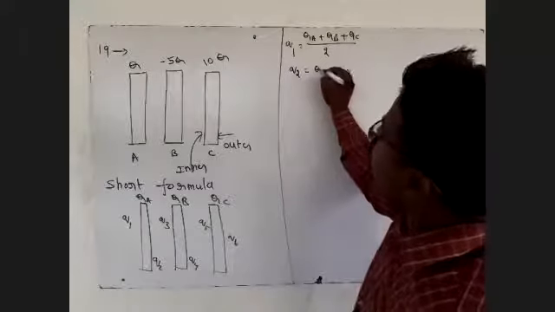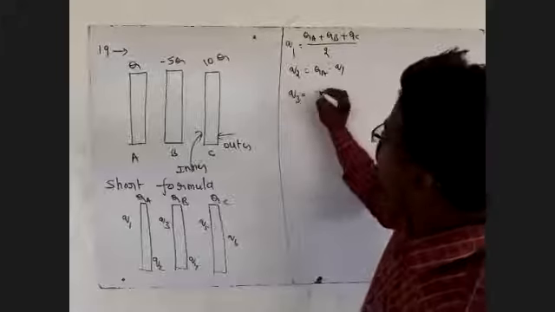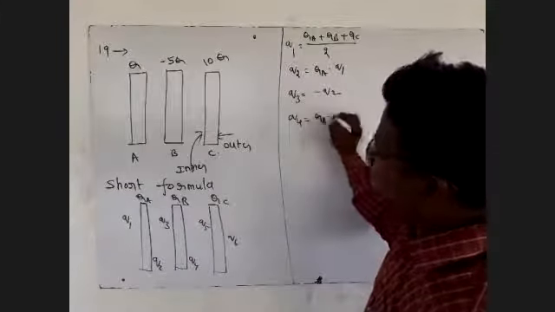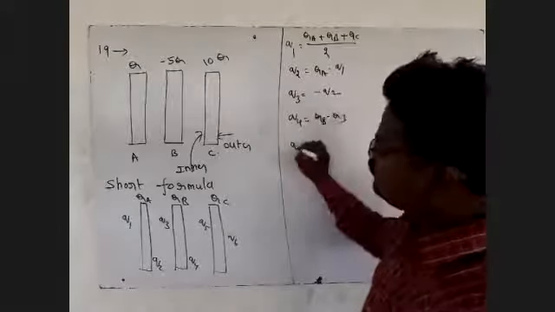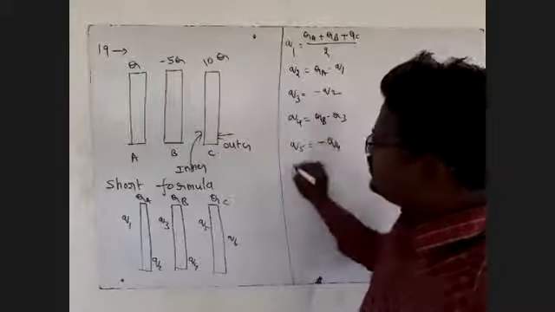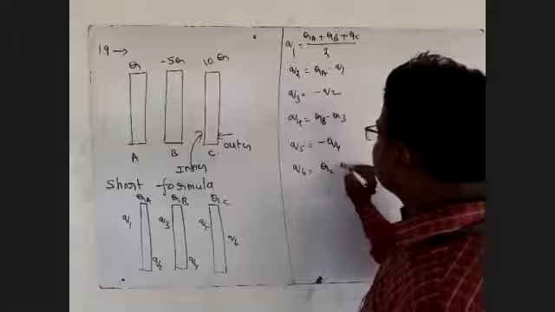Next, Q2 value is equal to QA minus Q1. Q3 is equal to minus Q2. Q4 is equal to QB minus Q3. Q5 is equal to minus Q4. Q6 is equal to QC minus Q5.